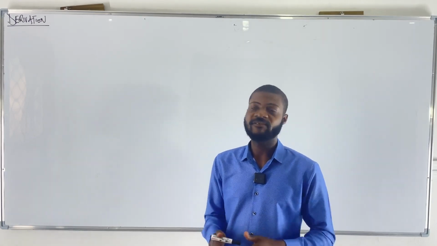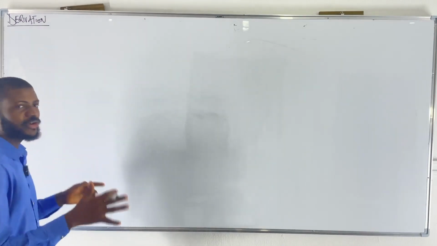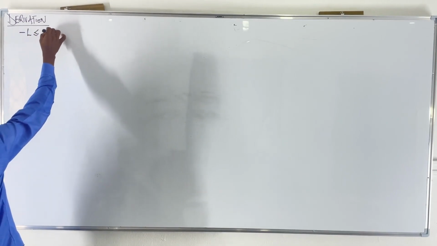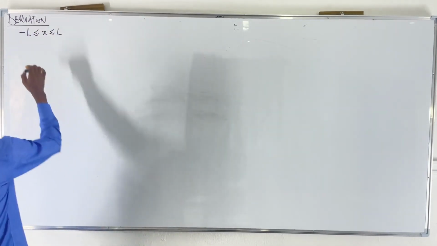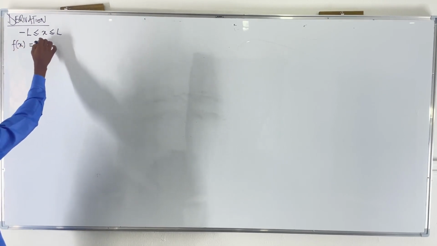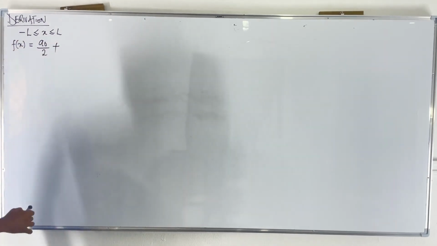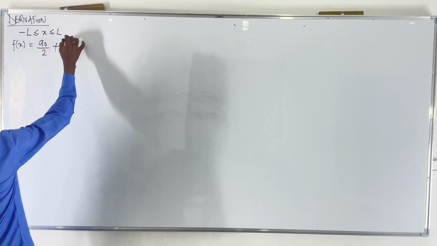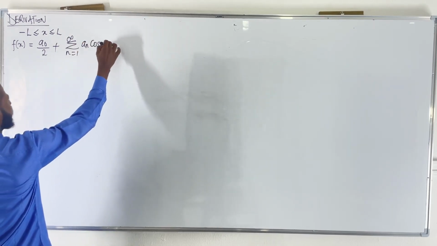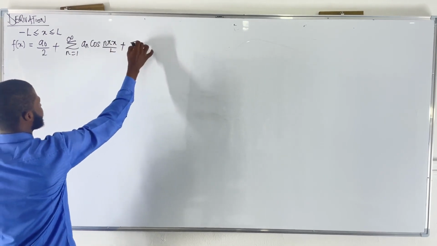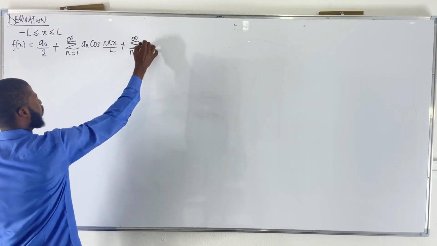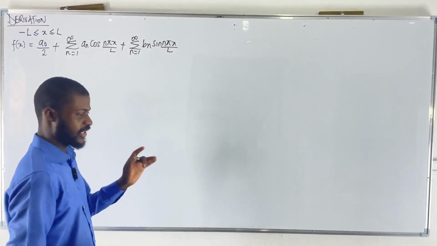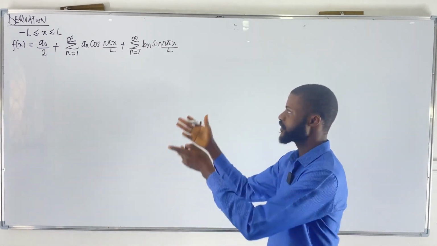Then he came up with a particular formula and said that if a function is periodic within the interval minus L to L, that function can be written as an infinite sum of trigonometric series, where we have a naught over 2 plus the sum from n equal to 1 to infinity of a sub n cos n pi x over L plus the sum from n equal 1 to infinity of b sub n sine n pi x over L.